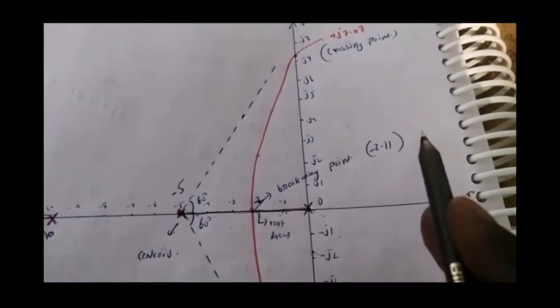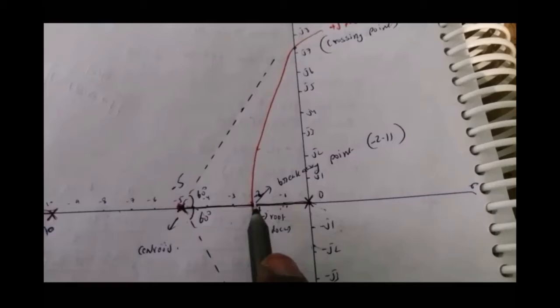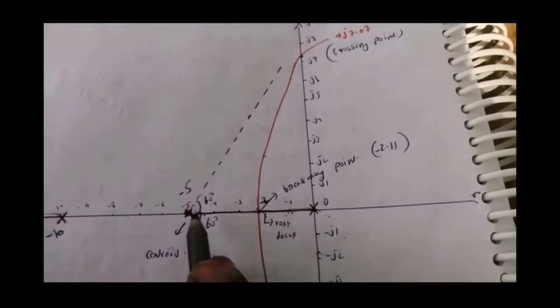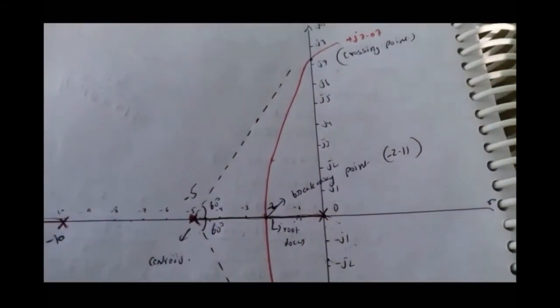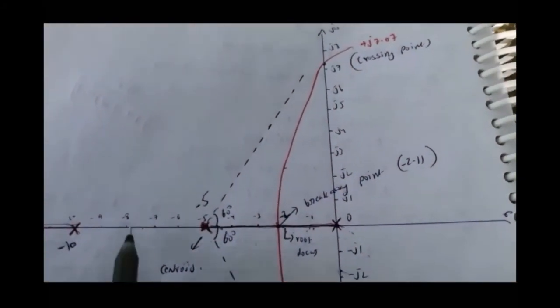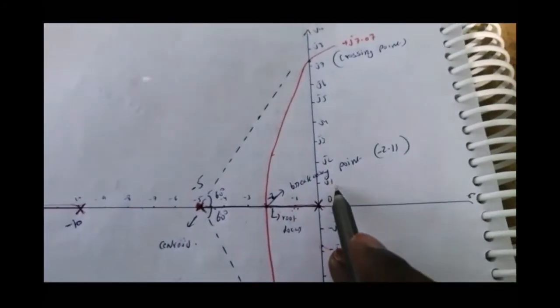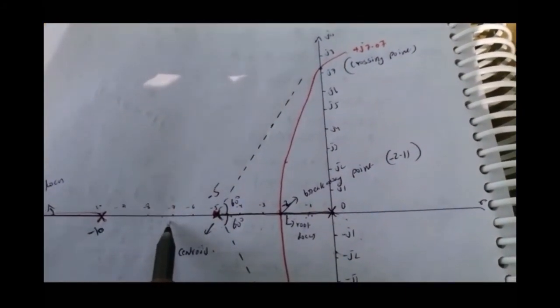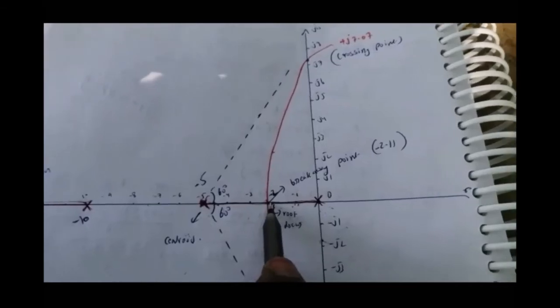And -7.07 is here, so it is not a part of the root locus. That's why I represented it here. For the crossing points, I got plus or minus 7.07.